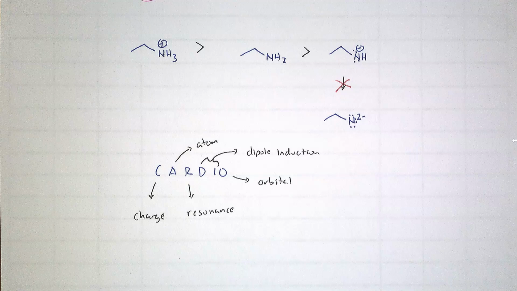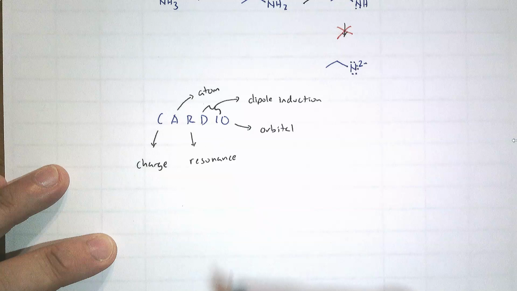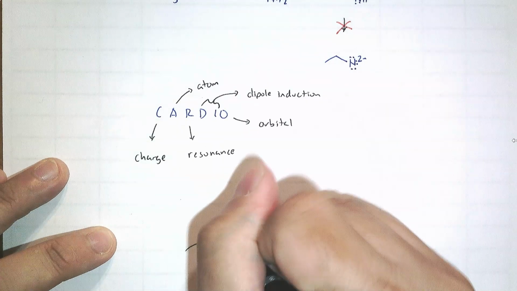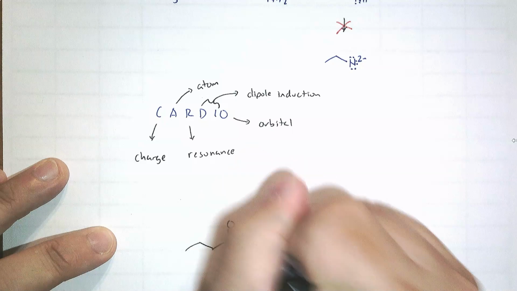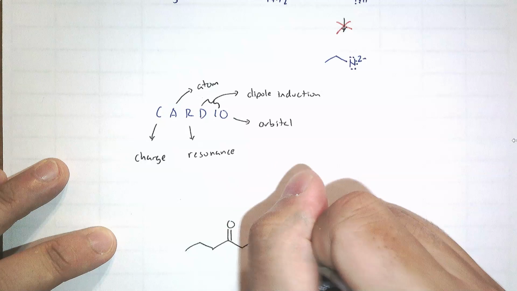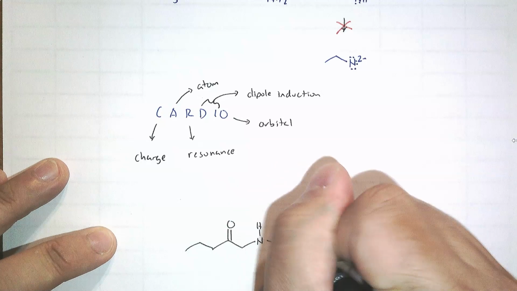Again, this list of trends spans 2 videos, part 1 and part 2. And you could use this to determine which proton is most likely to be removed.